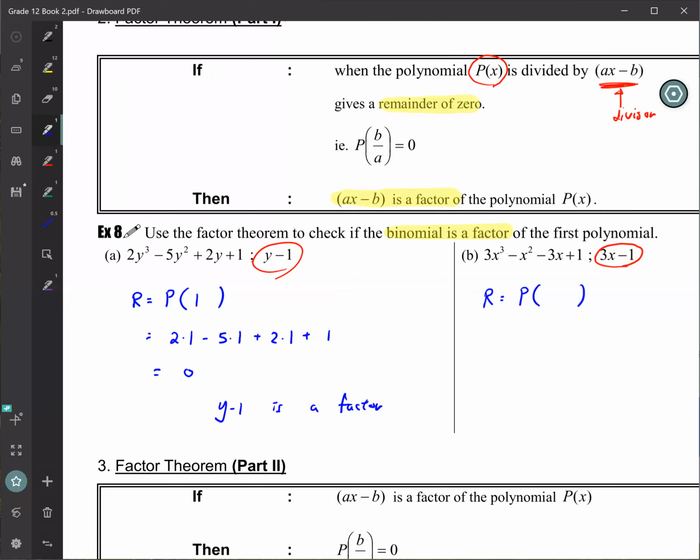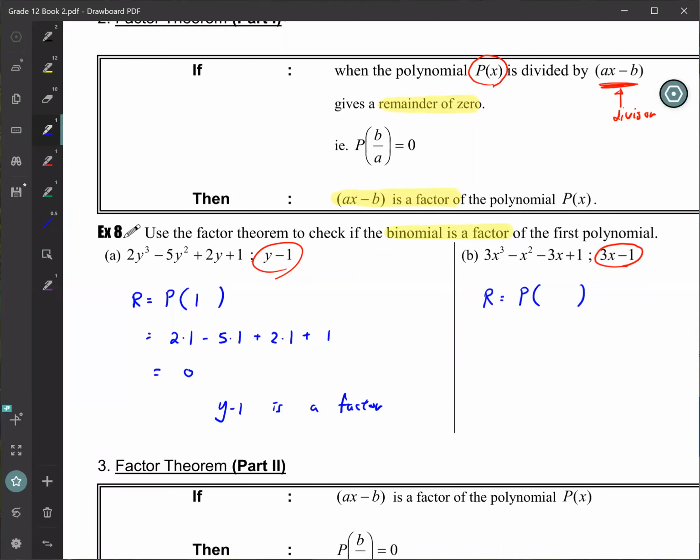So Samantha, can you tell us what number do you sub in? What number do you sub in? Samantha?